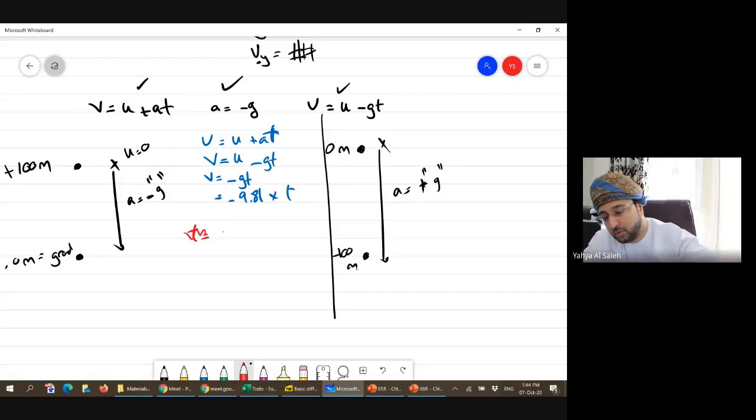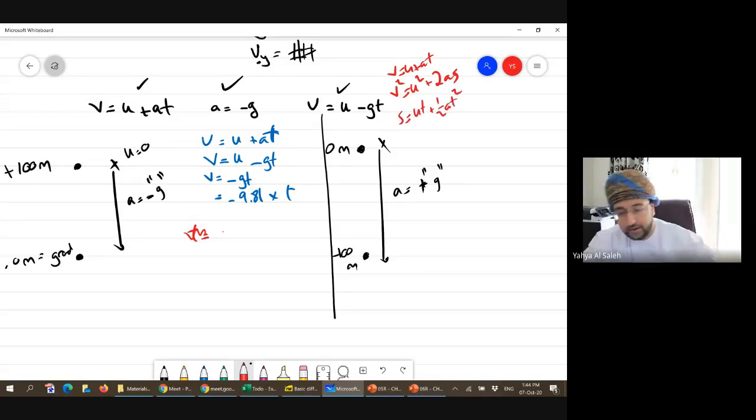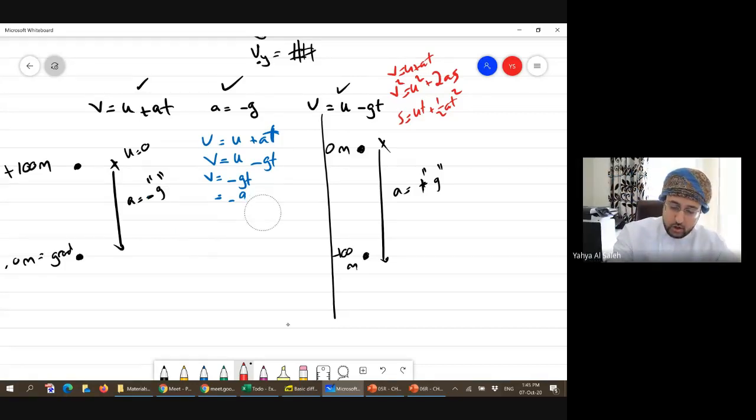Let me write all my equations here. V equals u plus at. V squared equals u squared plus 2as. And s equals ut plus half at squared. I'm not going to be using the first equation because it's going to take a long time.